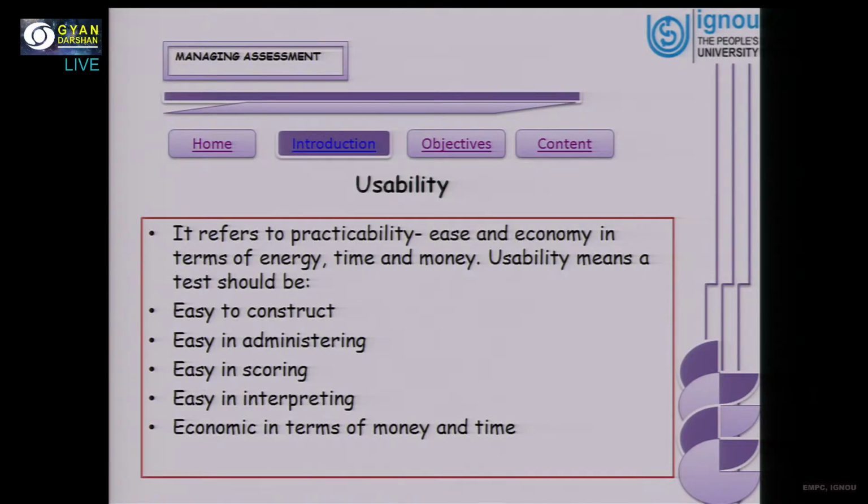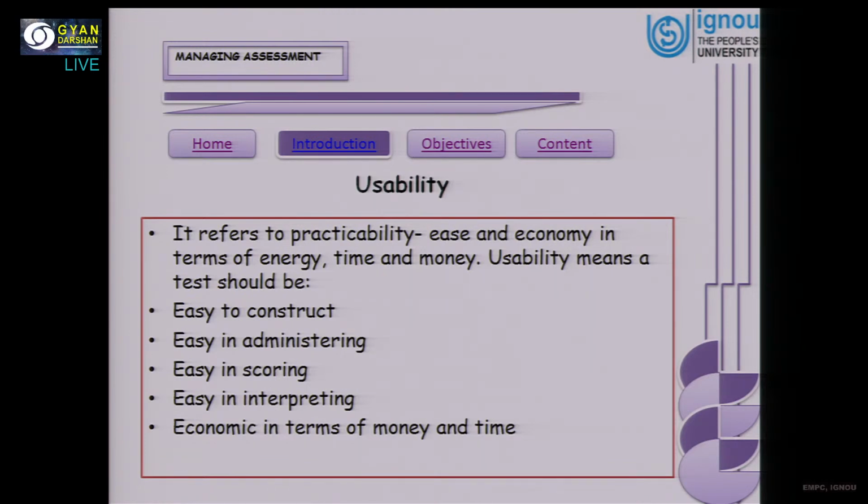In such cases, we have to avoid decimal point marks. We always give round marks in scoring. Then easy in interpreting. For every test, there is an interpretation. How do we interpret a particular test? And then what is important is that it is economic in terms of money and time.